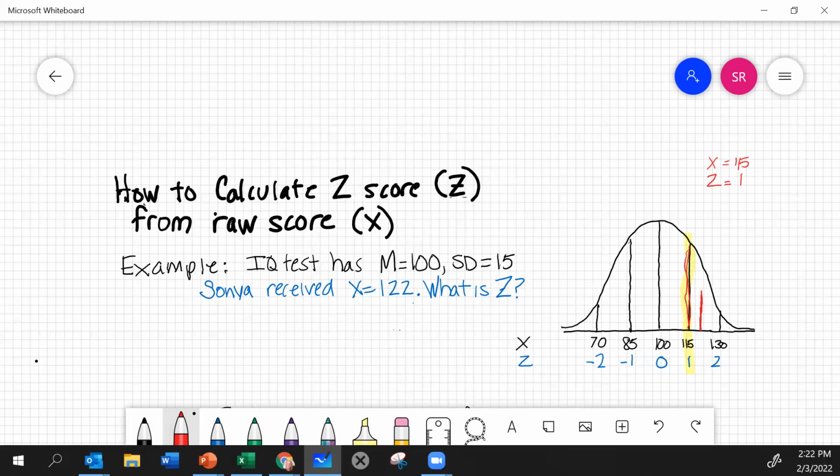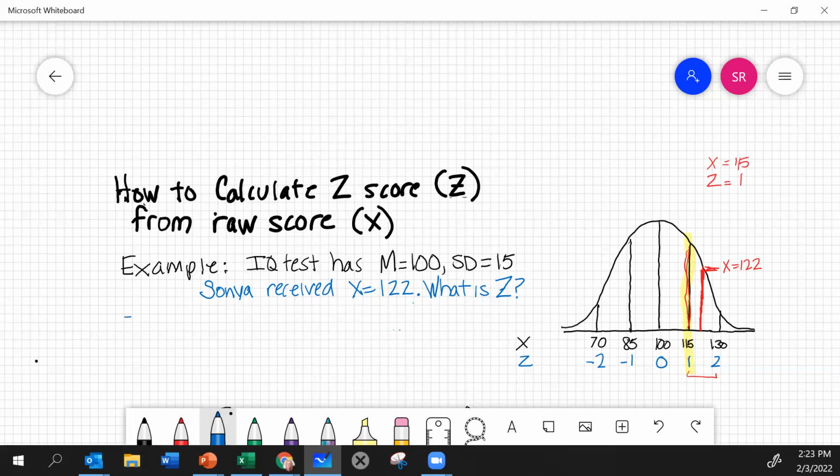I'm going to put it right here, approximately there, and I'm going to call this x equals 122. It would actually be a little closer to the 130, but that's okay. We know that the z-score is going to be somewhere between 1 and 2 because that's where the score of 122 falls.